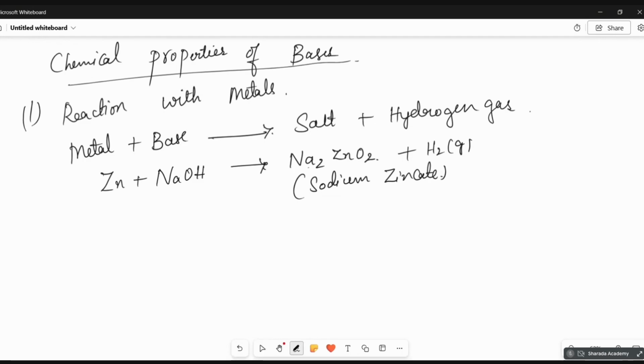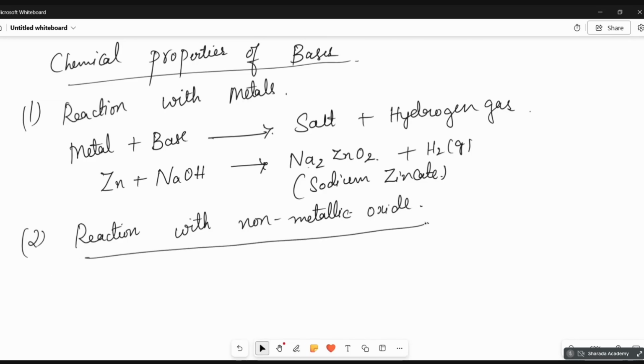Next one, reaction with non-metallic oxide. Are non-metallic oxides acidic or basic? Non-metallic oxides are acidic in nature.